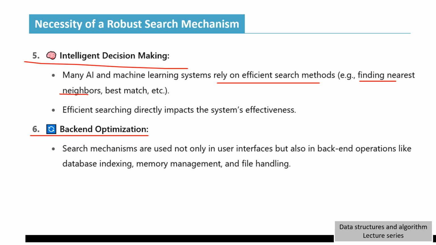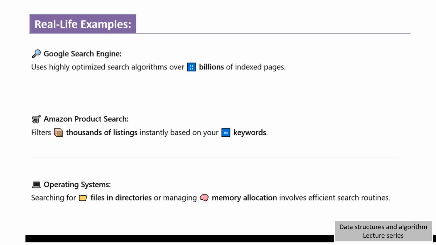Sixth point, backend optimization. Search mechanisms are used not only in user interfaces but also in backend operations like database indexing, memory management, and file handling. So for all these purposes, a robust search mechanism is necessary. Real life examples: Google search engines use highly optimized search algorithms over billions of indexed pages.